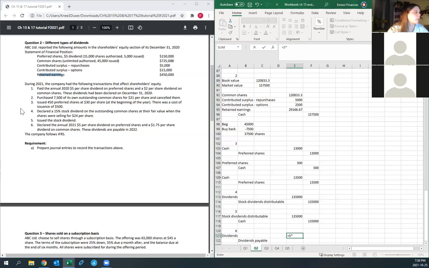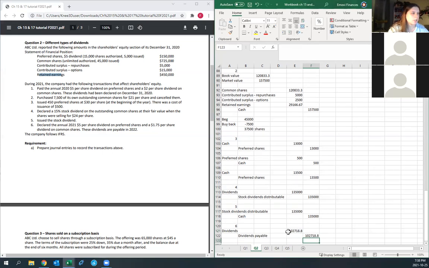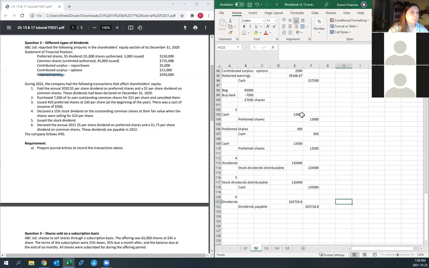We issued the 450 more, so it's going to be 5,000 plus 450. And then your common shares are your 37,500 times your stock dividend here of 15%, and then times $1.75 per share. Just want to check if I did the math right. 1.15. Yep. Any questions?